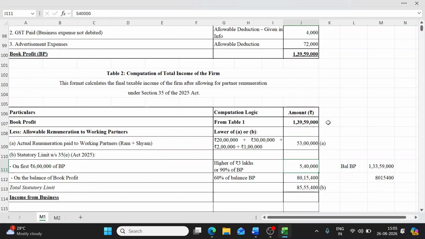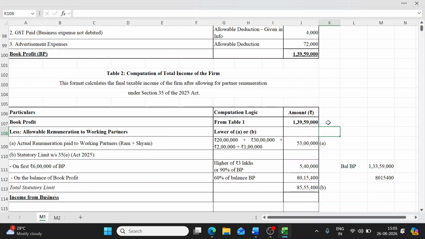I think the total is 85 lakh 55,400. Now we have got point A, 53 lakhs. A is the actual remuneration paid to working partners, and now we have B. According to statutory limit, the maximum remuneration payable to working partners will be 85 lakhs 55,400.